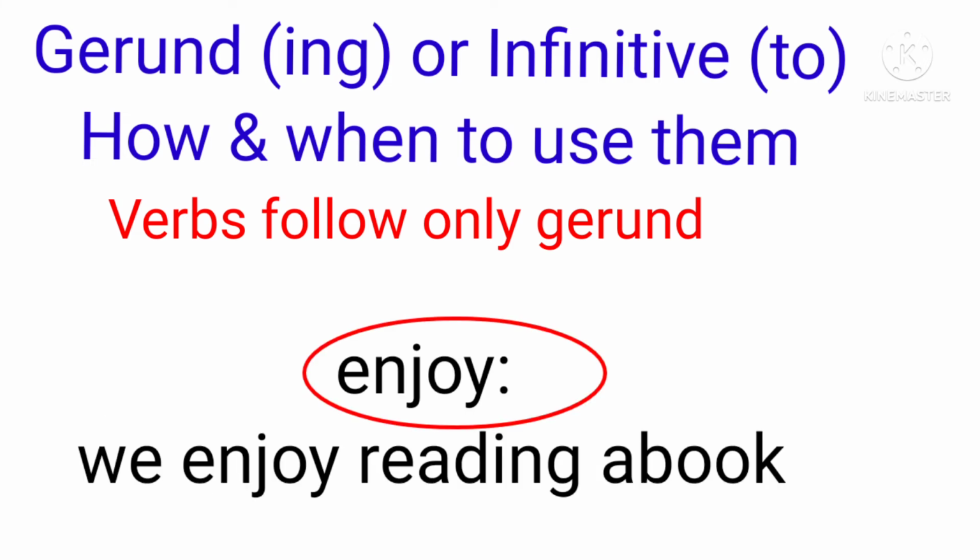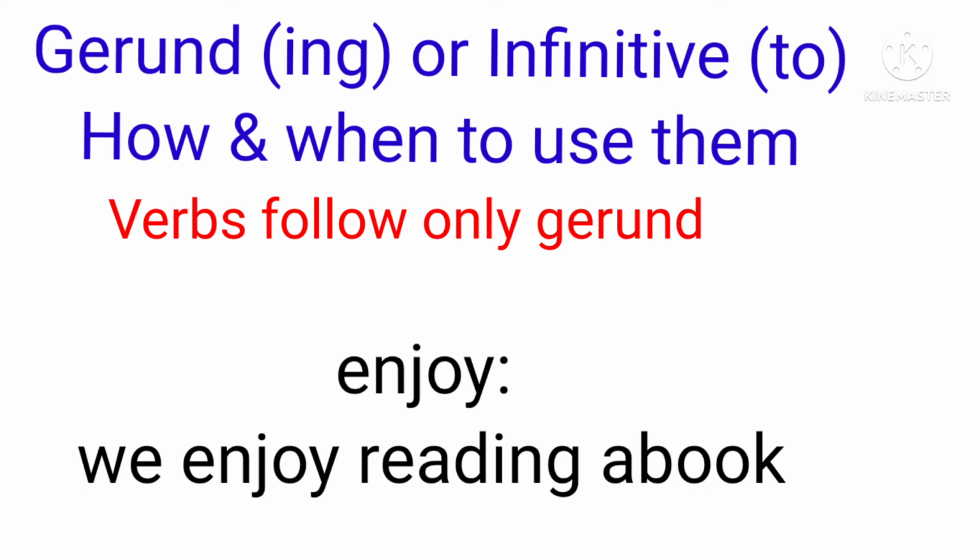Enjoy. Whenever I see enjoy, if I want to write or speak, the verb after enjoy is given ing, because enjoy is followed by a gerund. Okay, you see the example.